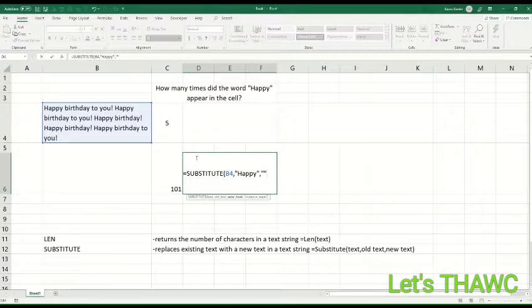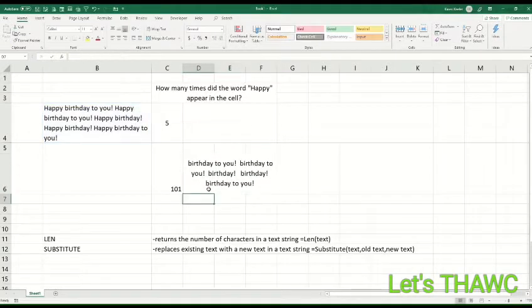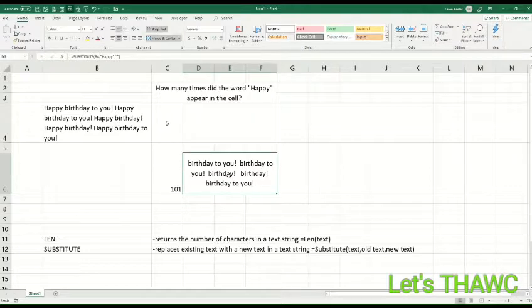This is how we use the function SUBSTITUTE. By doing this, you can see here that the word happy, or all the words that say happy, have been taken out from the cell.